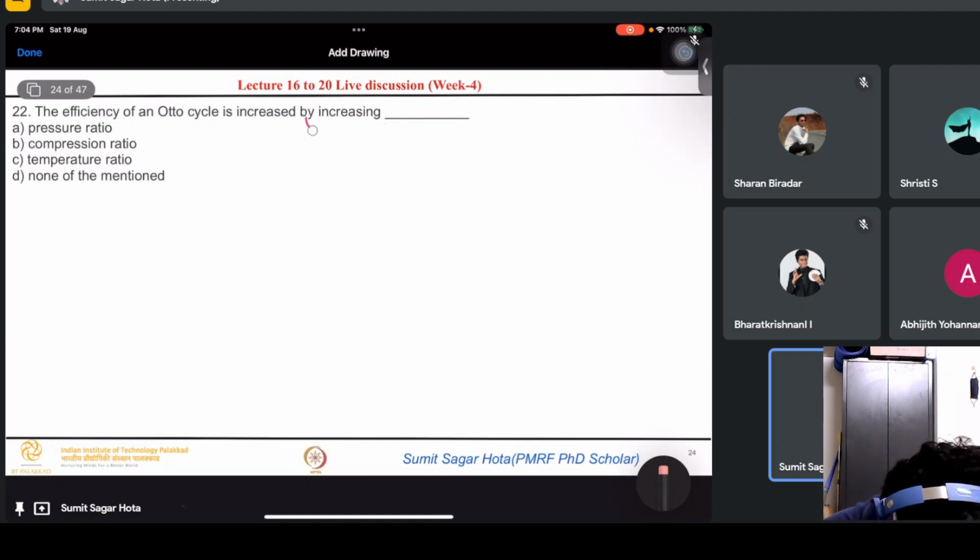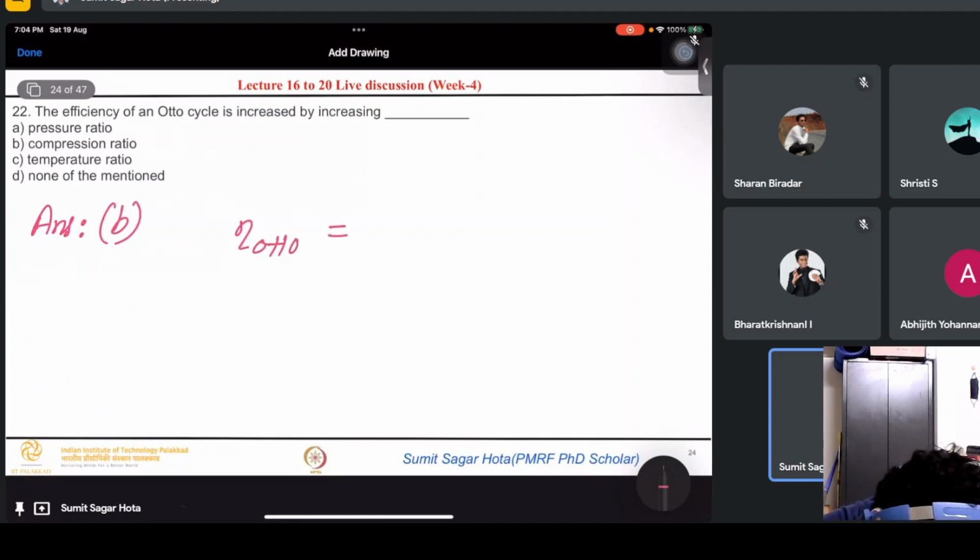So how will you solve it? You have to write down the formula of the efficiency: 1 minus 1 by r to the power gamma minus 1.